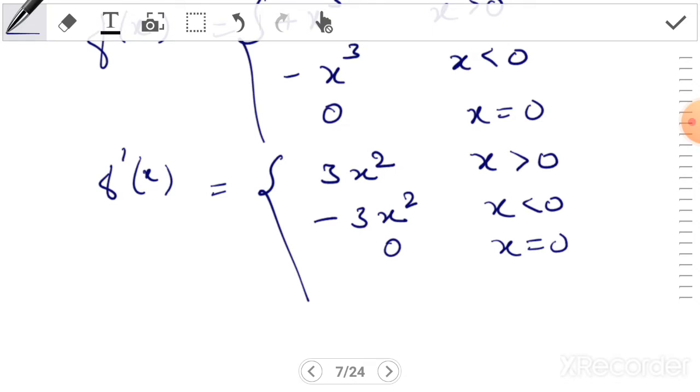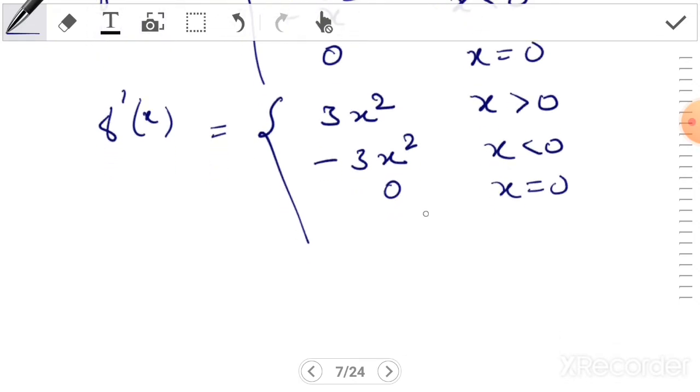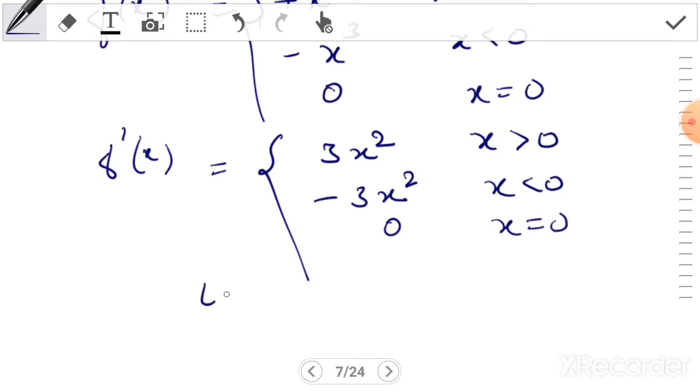So at 0, left hand differentiability is equal to right hand differentiability, because 3 into 0 or minus 3 into 0 is 0.